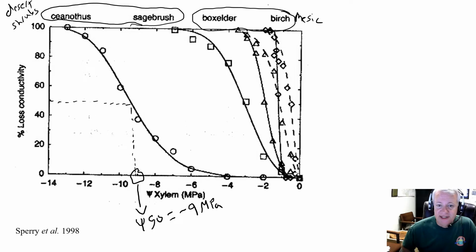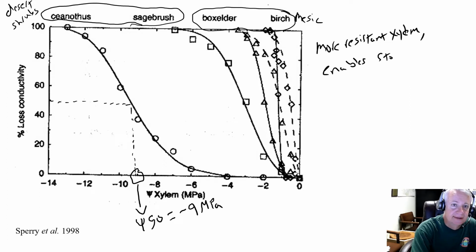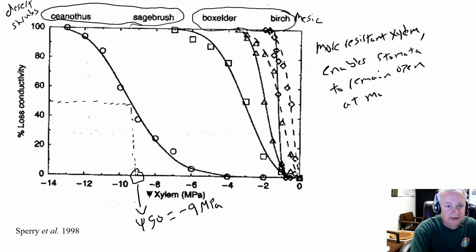Now, I'll talk in more detail later about the relationship between vulnerability to cavitation and stomatal closure, but suffice it to say at this point that more resistant xylem, in other words, xylem that's more resistant to cavitation, enables stomata to remain open at more negative water potentials.